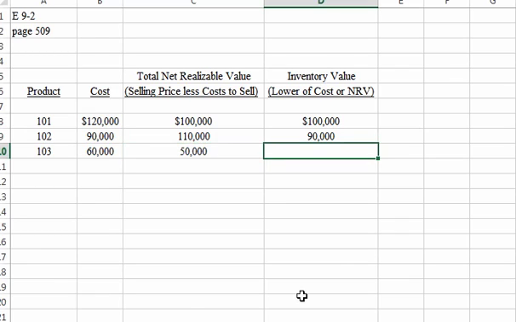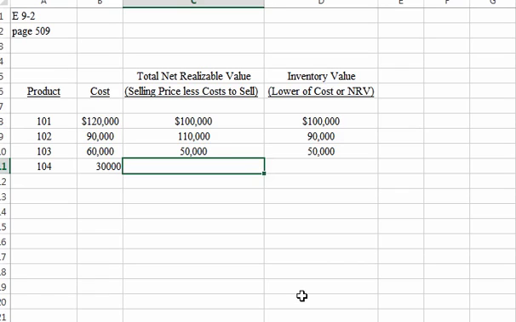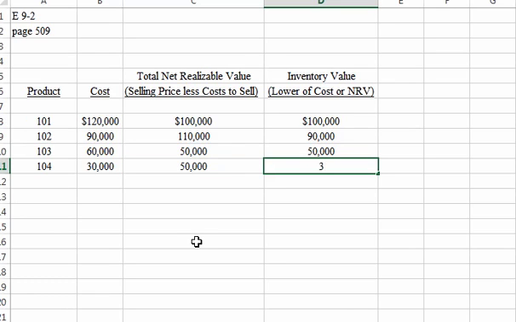The lower of the two there is your $50,000. And for 104, cost is $30,000. Your total net realizable value on 104 is $50,000. Cost is quite a bit lower there.